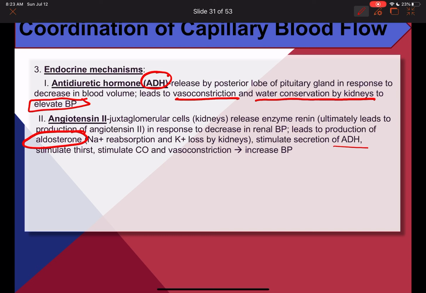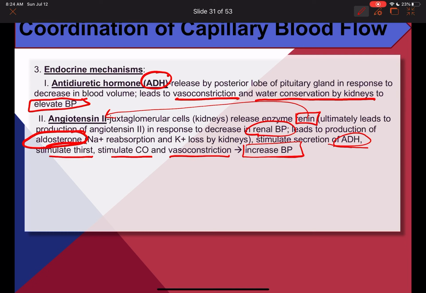So when juxtaglomerular cells, we'll talk about what that is when we get to the urinary system, but those are specialized cells within the kidney that sense that there is a decrease in renal blood pressure, they will release an enzyme called renin, and renin will ultimately lead to production of angiotensin 2, which will then stimulate production of aldosterone, followed by stimulated secretion of ADH, which will stimulate thirst, stimulate cardiac output, and vasoconstriction to bring your blood pressure back up.